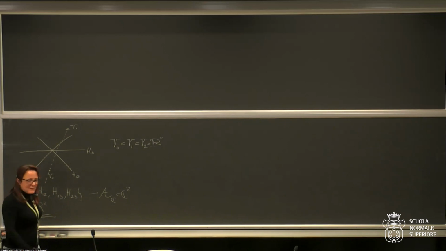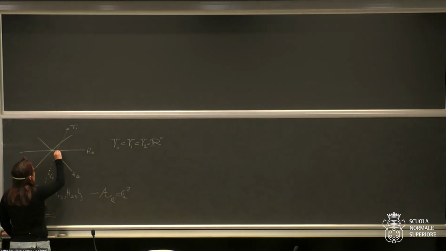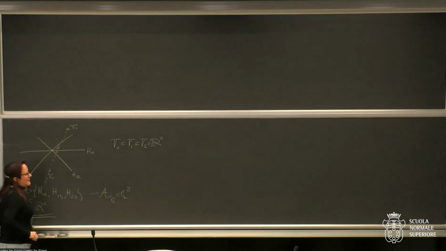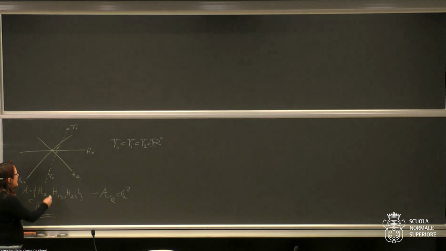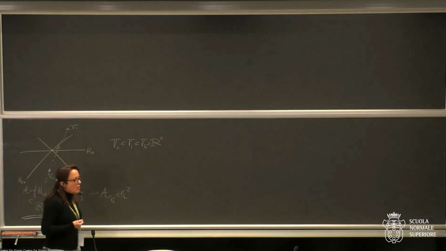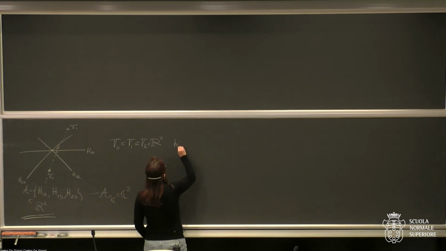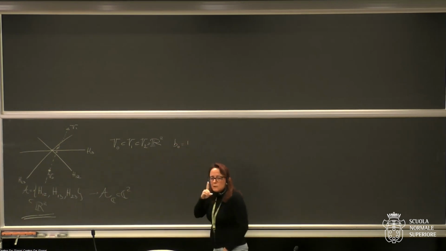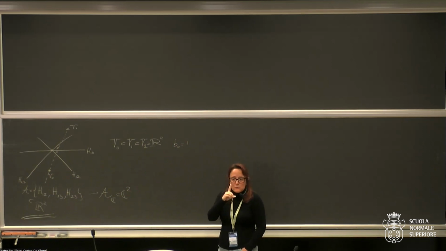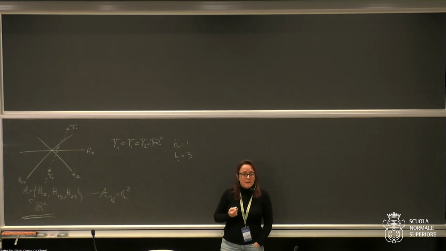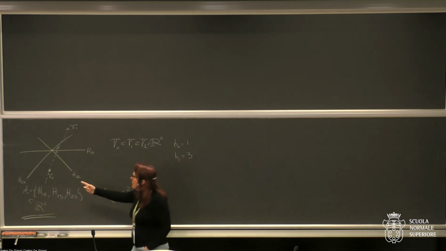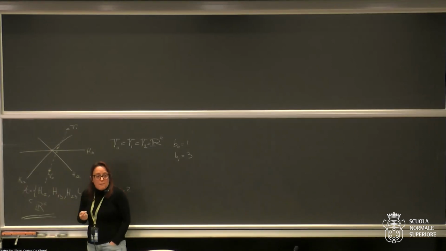So I knew that somehow the two-dimensional cell attached to this should have survived. I knew that there was one chamber, one 0-cell, because for the minimal complex, in this case, we know that B0 is 1. So we need to have one 0-cell surviving. We know that B1 is 3 because we have one for each hyperplane. So something around each hyperplane should have survived.